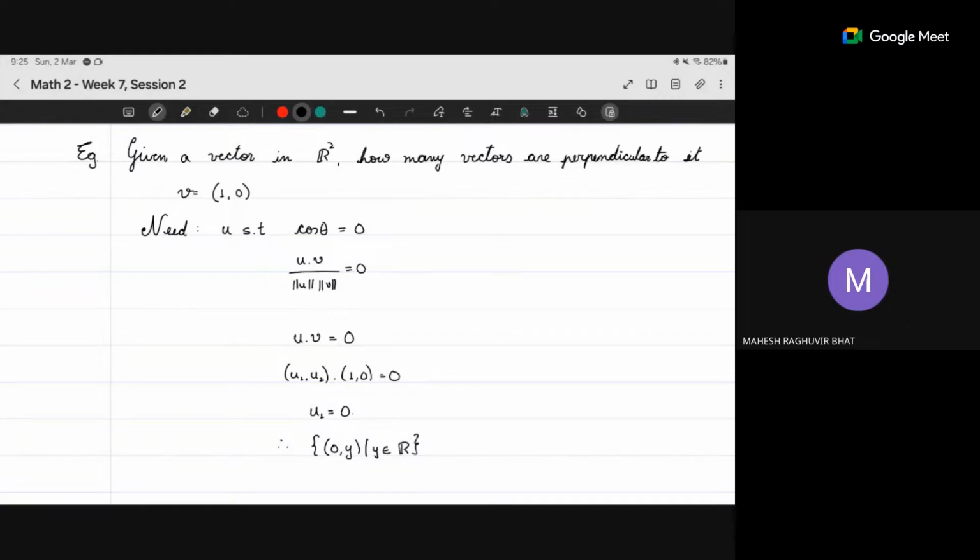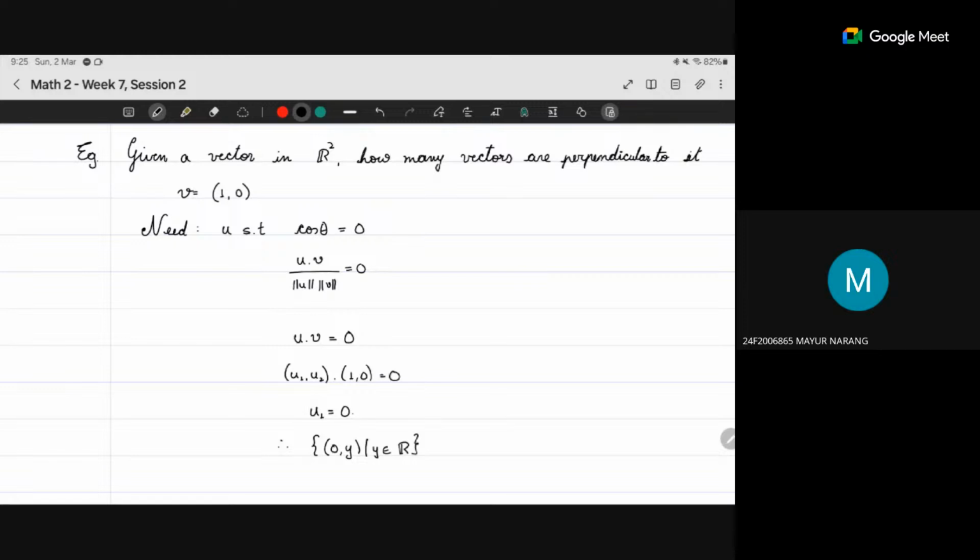Oh, okay. So I was thinking of this as multiples of the same 0, 1 vector. It is multiples of the same vector, yeah, but they are all different vectors, right? Correct. So if the vector is 2, 0, it'll be the same thing, because you'll just get 2 U1 equal to 0 instead of U1 equal to 0, and 2 U1 is 0 precisely when U1 is 0.